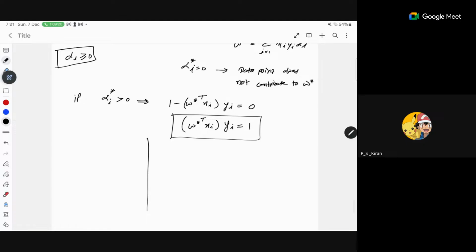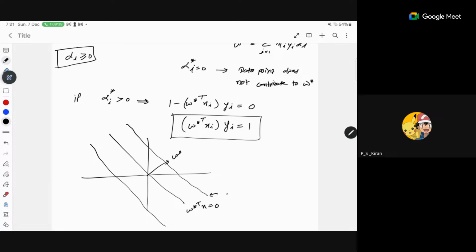If you remember, let's say this is my w star. What is the equation of this separating hyperplane? w star transpose x equal to 0. What will be the equation of the supporting hyperplane? w star transpose xi yi equal to 1. When alpha is not equal to 0, they contribute to w, so they are support vectors.